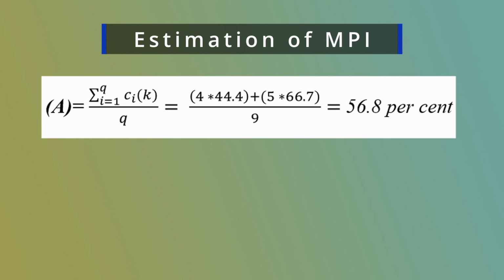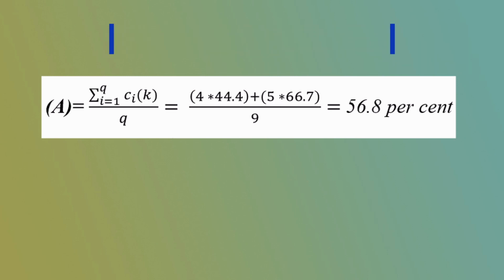In case of the second household, the aggregate deprivation score is 66.7, and the number of members or size of the second household is 5. Therefore, after calculating this, we find the average deprivation score of the poor households, which is 56.8. Therefore, the value of A is 56.8 in percentage term.